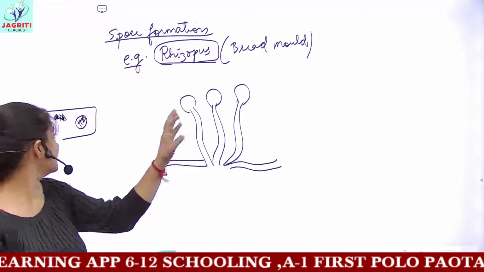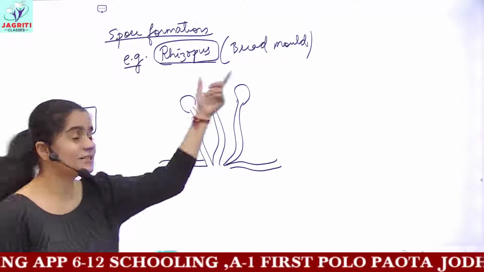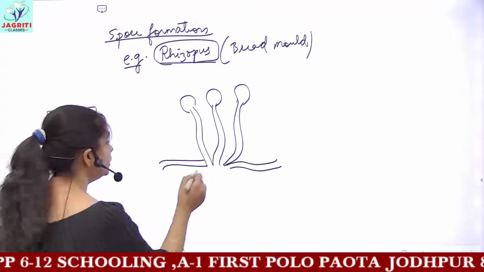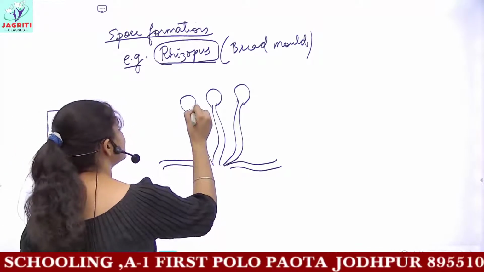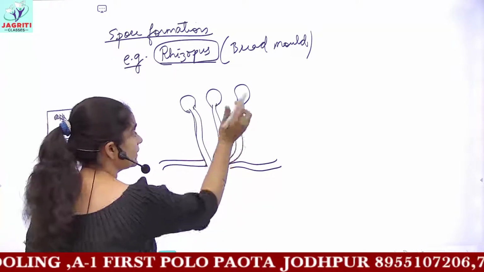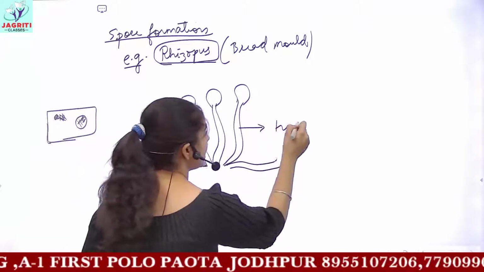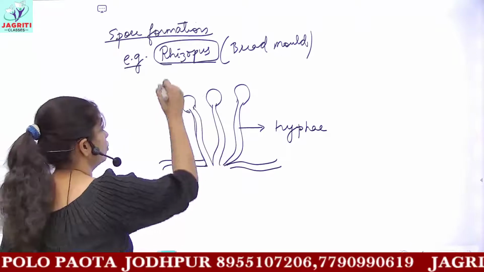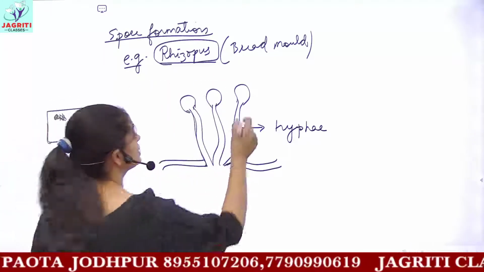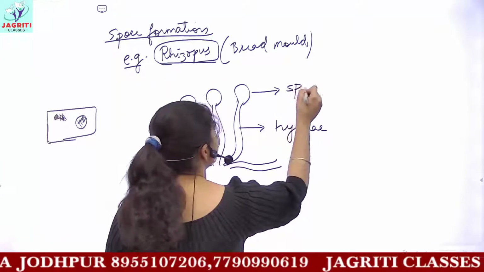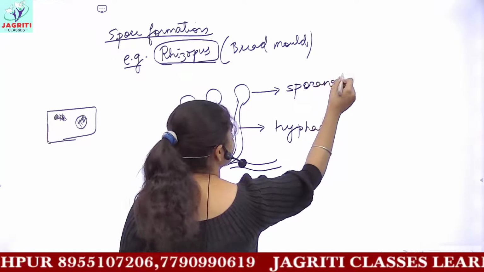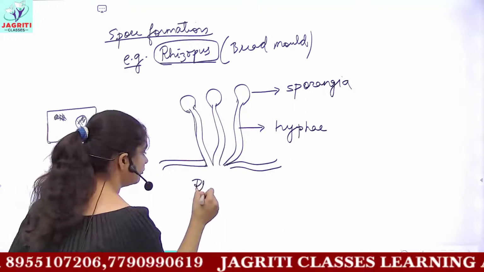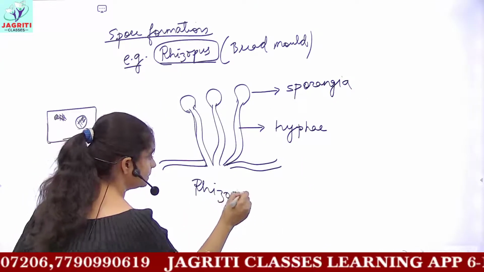When we observe this under the microscope, you observe a similar kind of structure. Now these stalks, or you can say these stem-like or thread-like portions, are known as hypha. And the globular sac-like structures are known as sporangia.